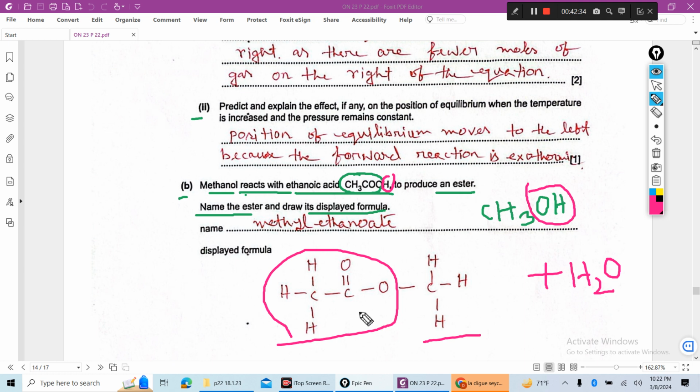This part is acid part, this is alcohol part. Methyl comes from methanol and ethanoate comes from ethanoic acid, so ester name will be methyl ethanoate.